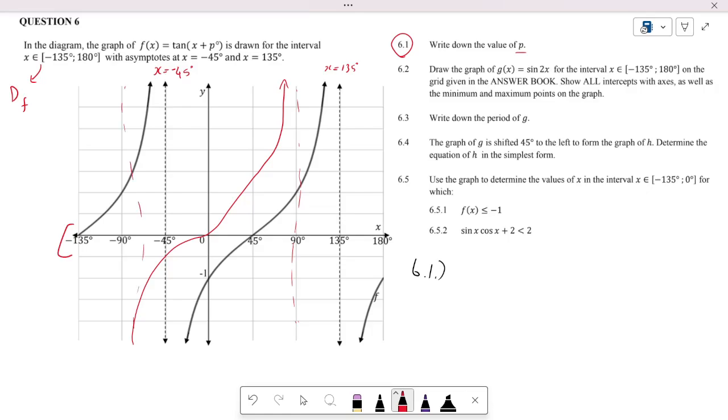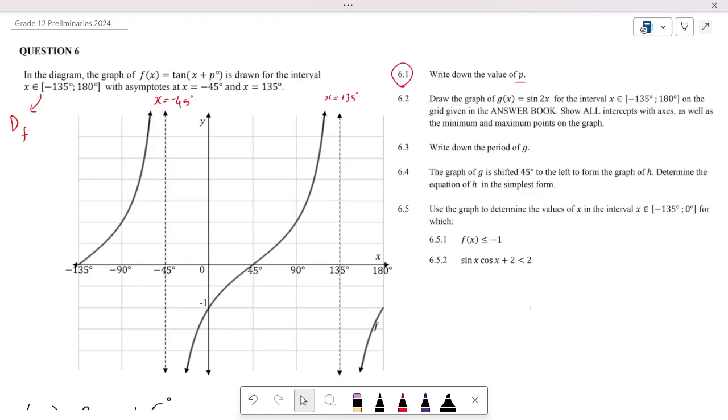But as you can see, this graph has just shifted 45 degrees to the right, which means our p-value would actually be, because it's shifted to the right, we're going to look at the negative sign, and this is negative 45 degrees. Because if we put it back into the bracket, we're going to have to change the sign. So therefore, this is our p-value. Or let me write it in black over here. It's p is equal to negative 45 degrees.